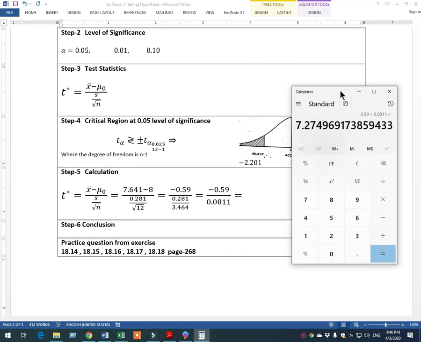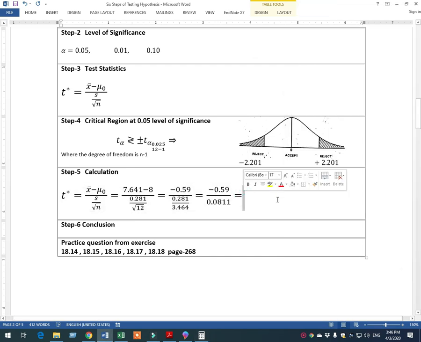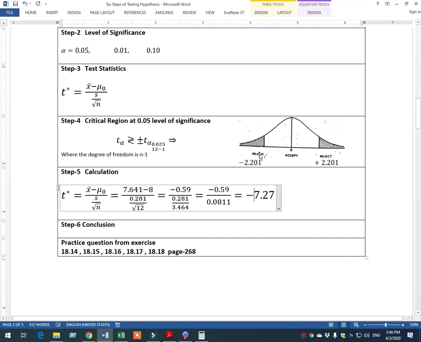Okay guys, 7.27 is our calculated value of the t distribution, and our critical value was 2.201 on the left side and the right side both. This negative 7.27 is far below minus 2.201. It lies in the critical region.